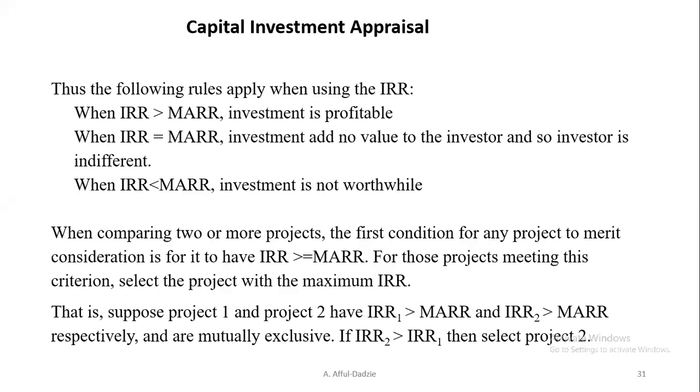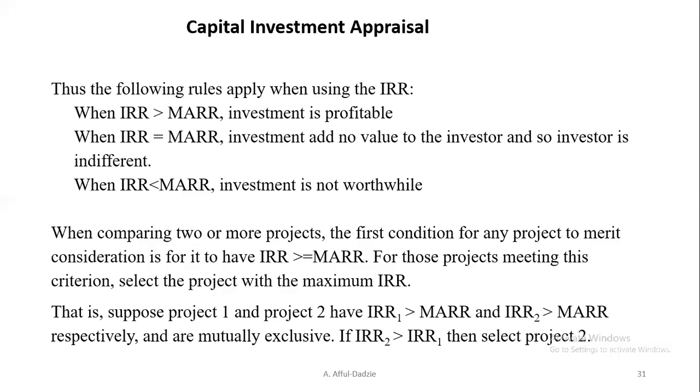Now, when comparing two or more projects, the first condition for any project to merit consideration is for it to have an IRR greater than or equal to MARR. For those projects meeting this criterion, select the project with the maximum IRR.